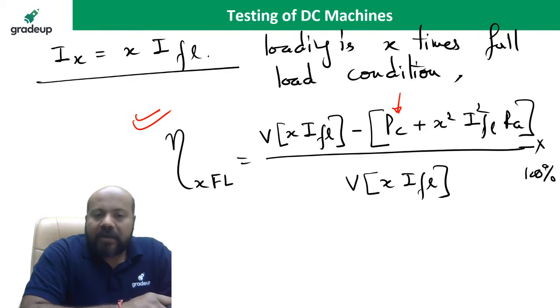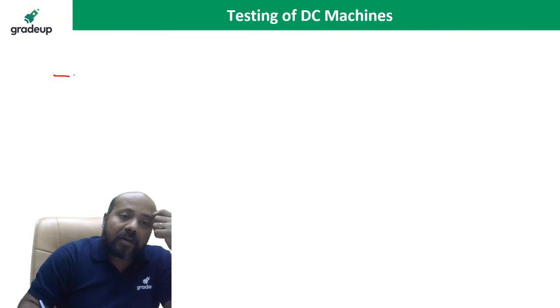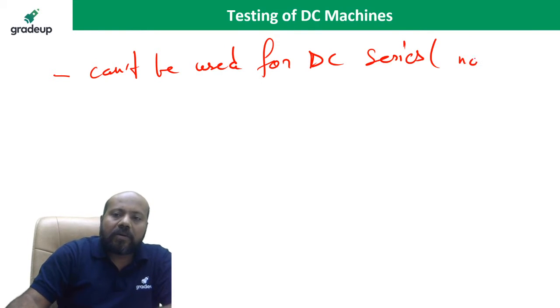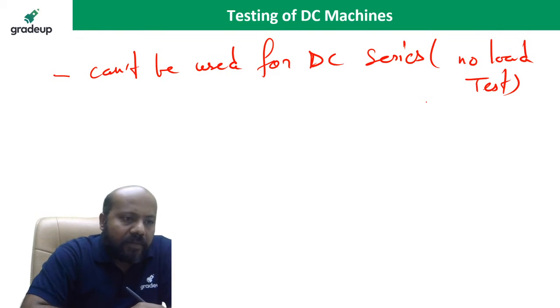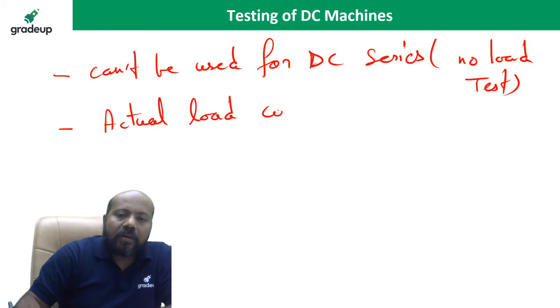Now there is a big disadvantage with this. Number one, the Swinburne test cannot be used for a DC series motor as it is a no load test. Second, the actual load condition is not tested.